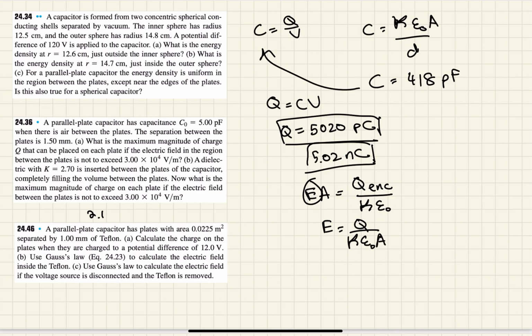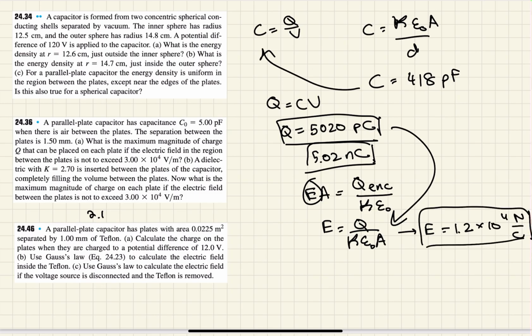Q is what we just calculated, 5,020 picocoulombs, divided by kappa of 2.1, epsilon naught of 8.85 times 10 to the power of negative 12, and A is 0.0225. So you solve for E, you're going to get 1.2 times 10 to the power of 4, and the unit's newtons per coulomb. So that's with the Teflon in there.